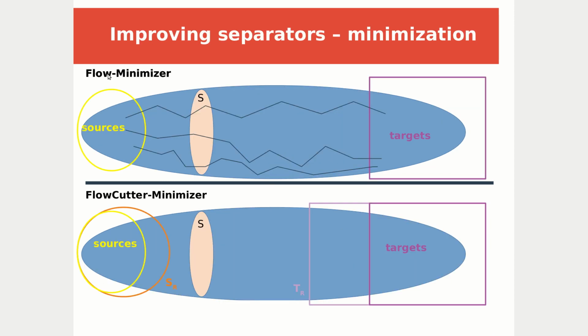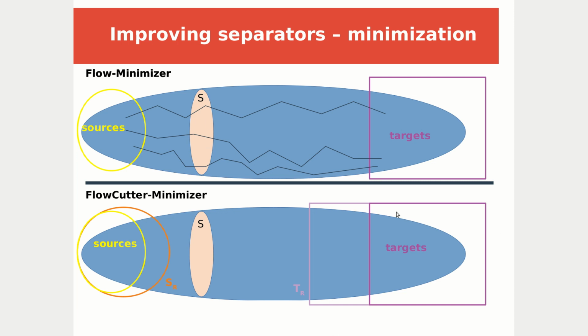Improving separators, another method is based on the flow separator creator method. It's called the flow minimizer. Now, in separator S, we find some set of sources and targets lying in different connected components, far apart from node set S but containing many nodes, not just single nodes, and run the flow separator creator method, hoping to find a better separator.